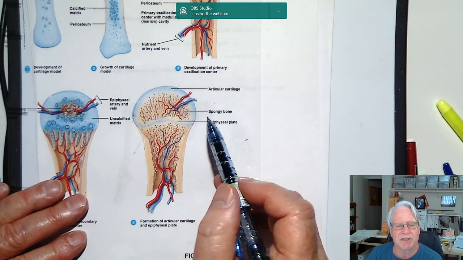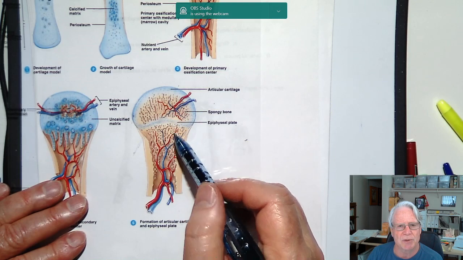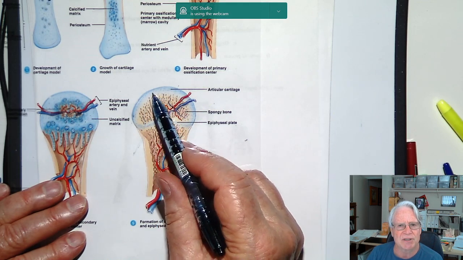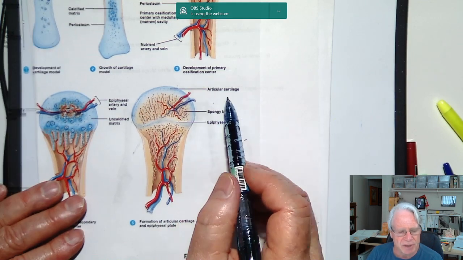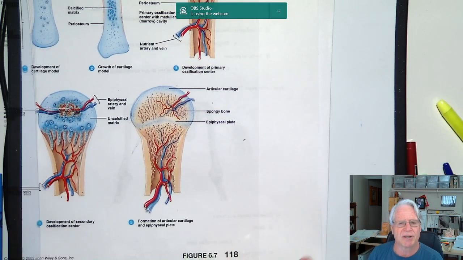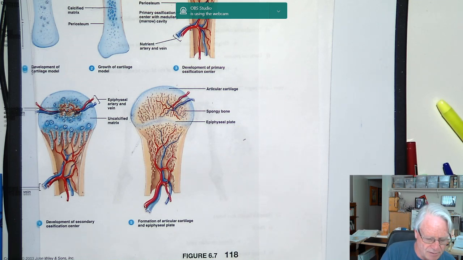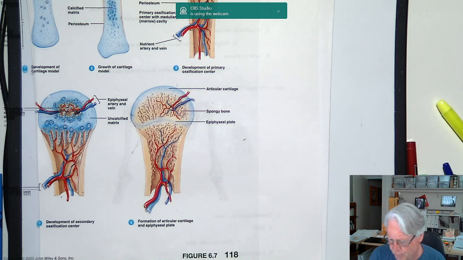As I said, we're going to see how that's going to contribute to bone growth and length. And then, of course, this is our articular cartilage, where the ends of the bones are going to articulate with another bone to create a freely movable joint. So that's the process of endochondral bone formation.